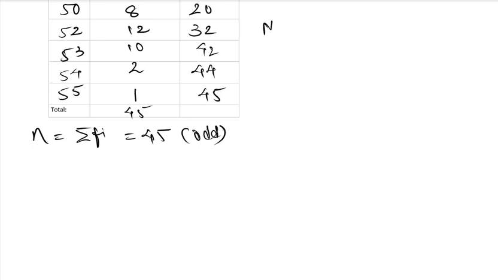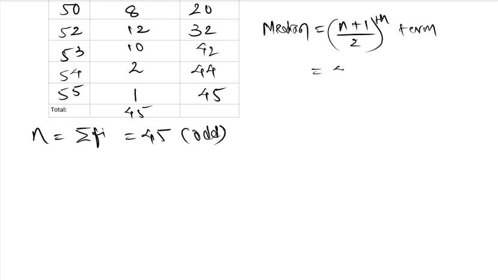So for the median, the formula for raw data will apply over here. What is the formula for raw data for finding median? If n is odd, then median is equal to the n plus 1 by 2th term.